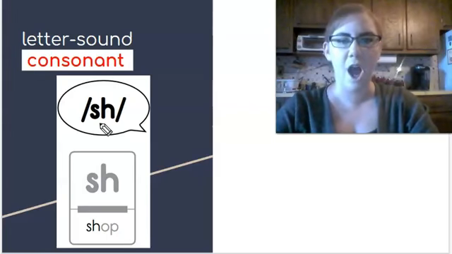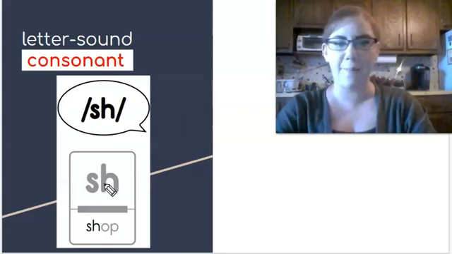Say it with me. Shh. SH says shh, as in shop. Let's look at that power bar. That power bar is pretty far across. That means it's common for sh to be spelled with an S and an H together.